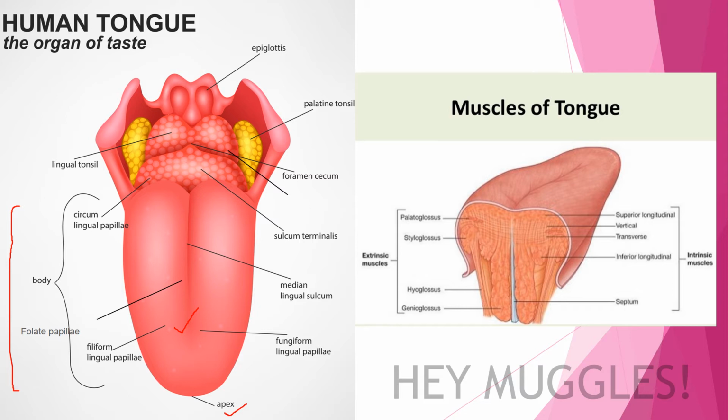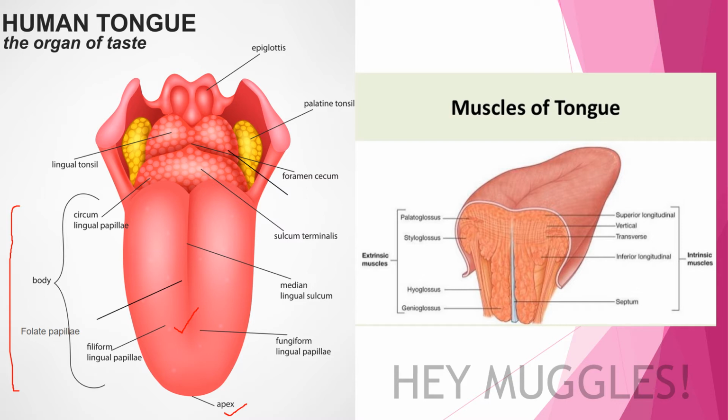Bolus means the food bolus. It is similar to the villi in the small intestine. As villi increase the surface area in the small intestine for absorption, the papillae increase the area of contact between the bolus and the tongue, and these are mucosal projections, right?